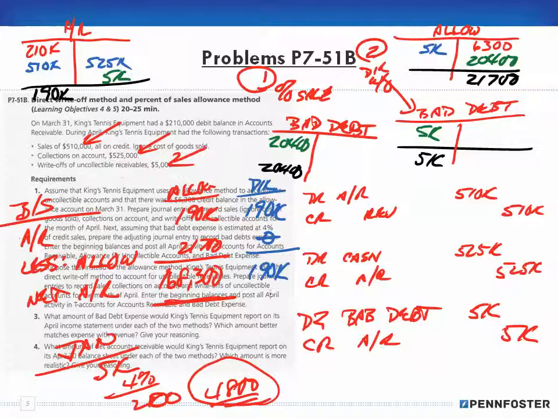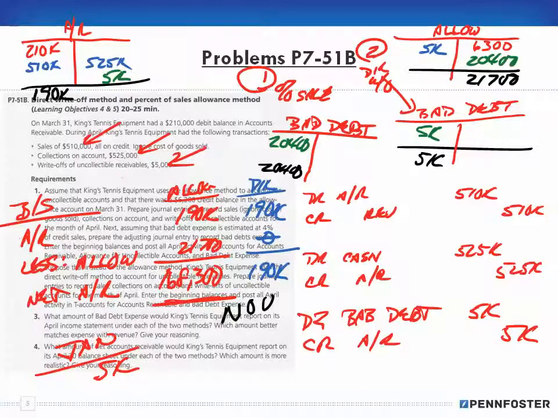Whereas with the direct write-off method, that 5,000 again in November, if we had made our sale in January and we're not writing it off until November, then that 5,000 in January is overstated, and of course our accounts receivable in November is understated.